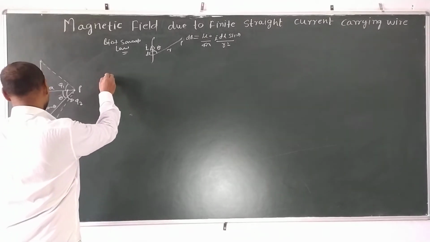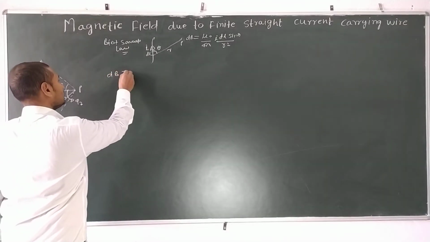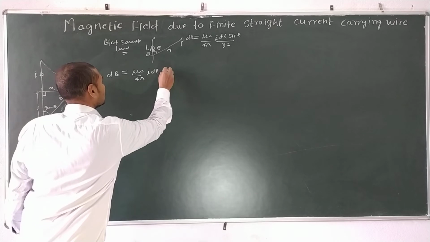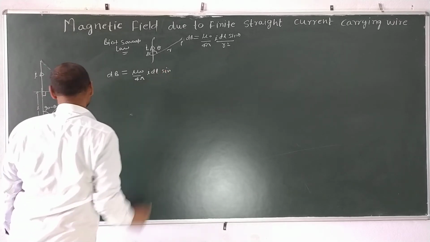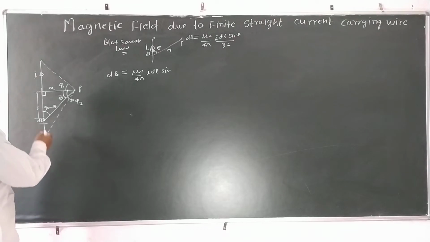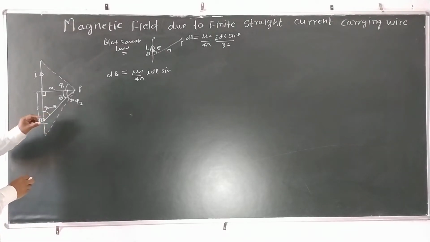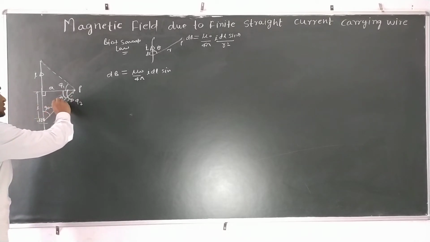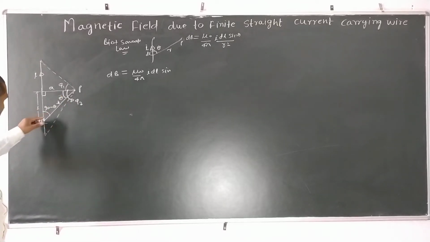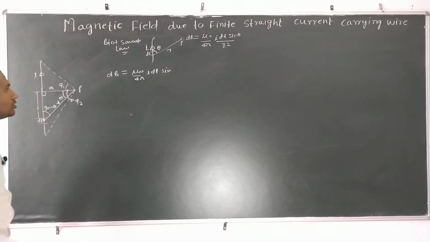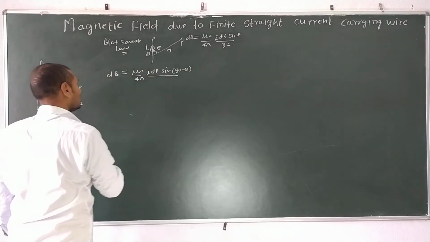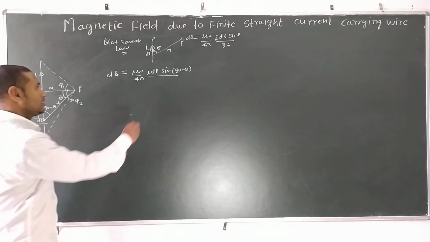We know that from Biot-Savart law, dB becomes mu naught upon 4 pi, I dl sin of the angle between r and the dl vector. So we can write here 90 minus theta, upon r square.